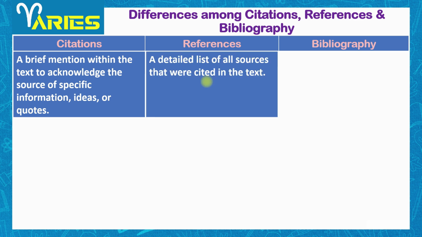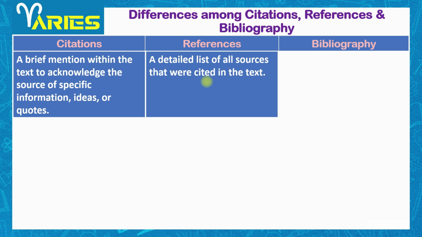But a reference is the detailed list of all the sources that you have cited in a particular text. If you have written a paragraph, and in that paragraph you have taken ideas from three different resources, all these three resources will be listed at the end of that paper, and that list at the end is known as the reference.